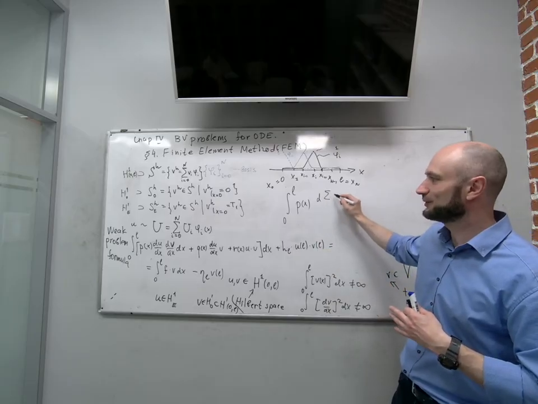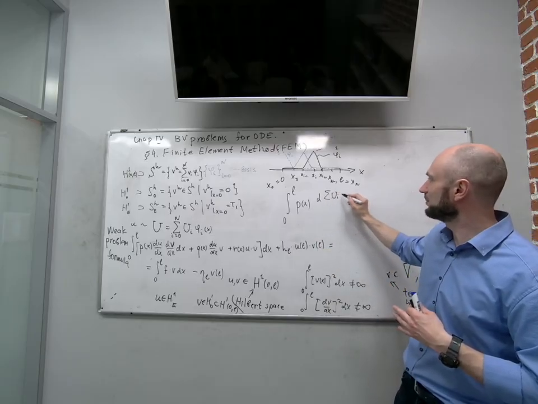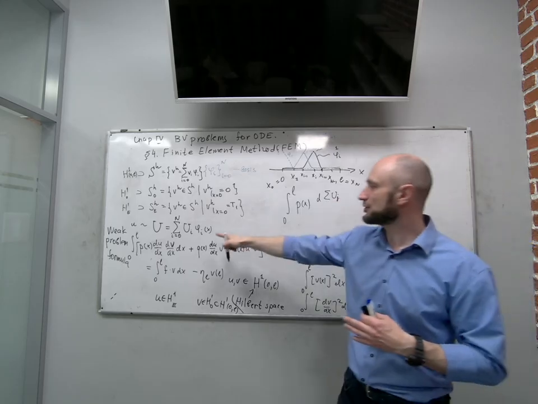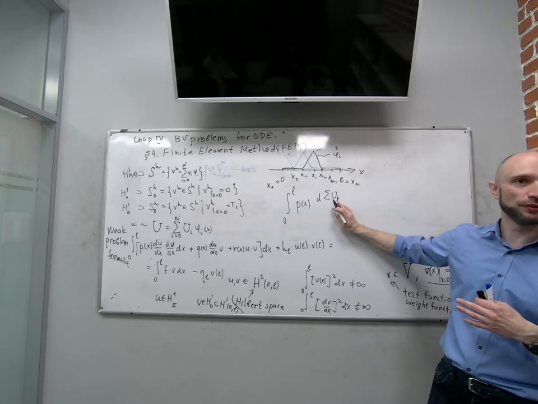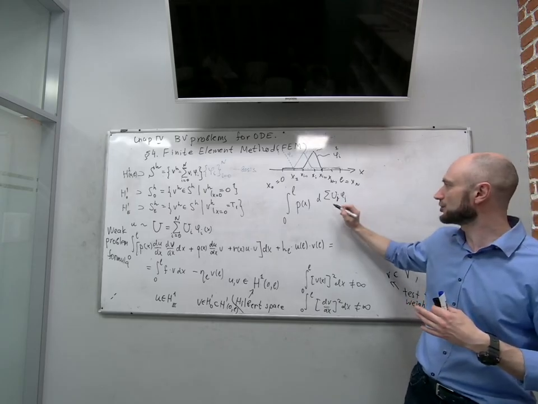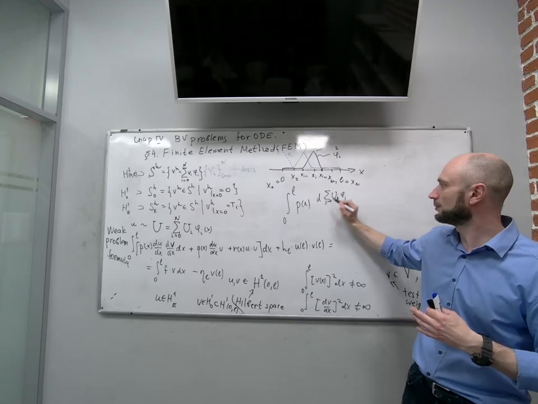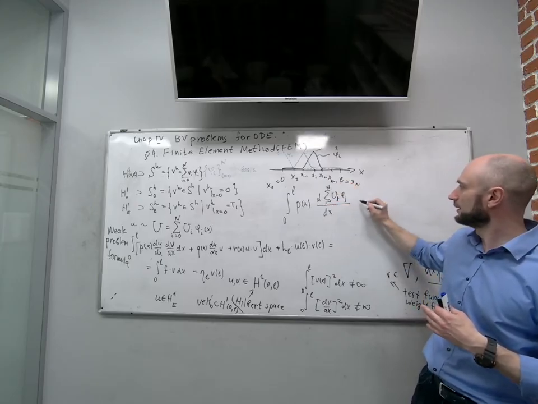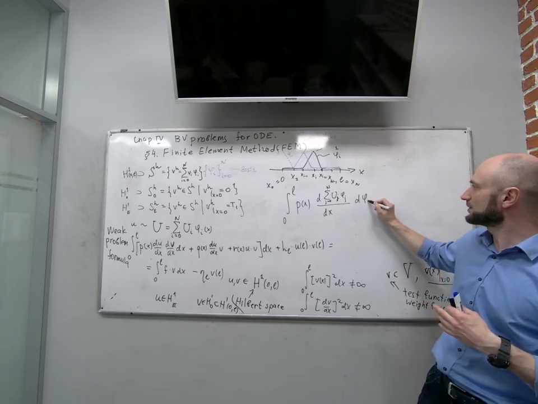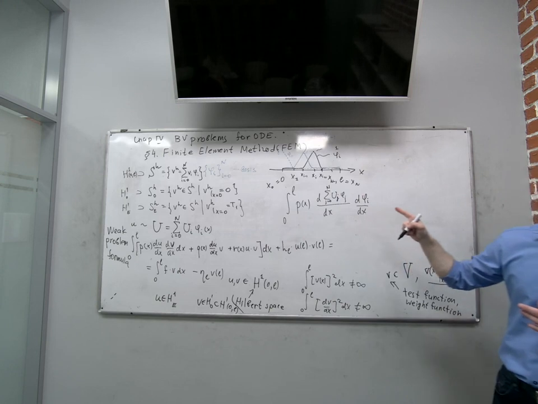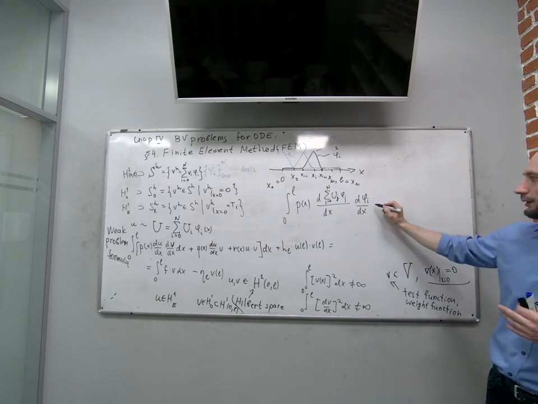It's important, that's why I should stress this. I will change the index for the moment, just to avoid the indexes mixing. I will use j here, from 0 to n, by dx. Here I promised that I will put my basis functions instead of v, one by one, right?